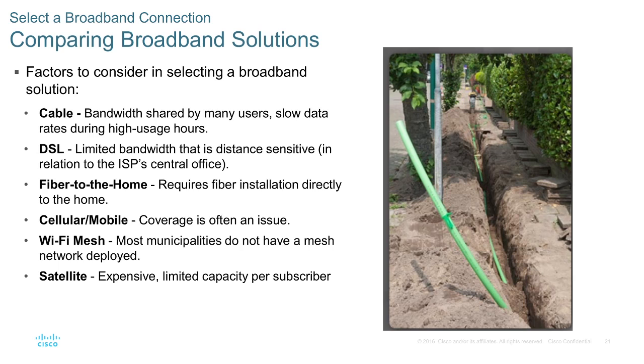When we think about things like Wi-Fi mesh networks, again, it may not be available everywhere. It can be significantly expensive to deploy it in a larger area. So again, not an option that will be available all the time. Then satellite is expensive. It has limited capacity, so the bandwidth will be significantly limited.